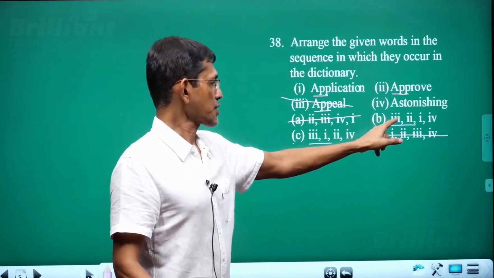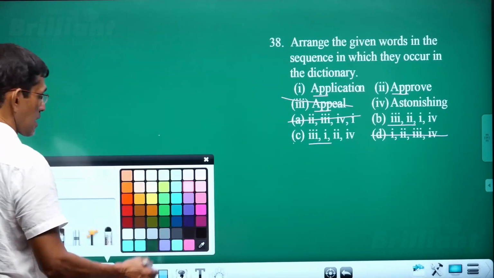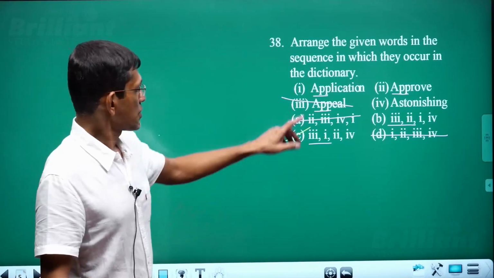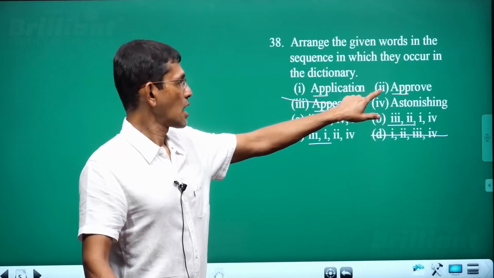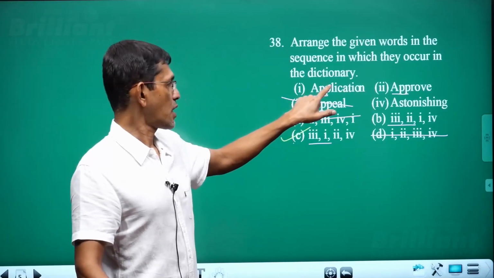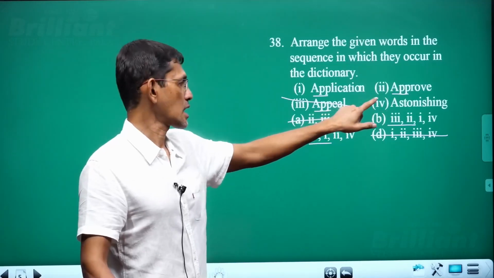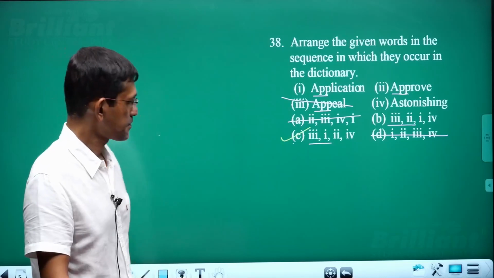The answer choices are 3, 2 and 3, 1. So 3, 1 is the answer, that is 3, 1, 2, 4. 3 is the first word, then we have 1. This is 2. Approve must be the next one, and the last one must be astonishing. So that's the fourth one.